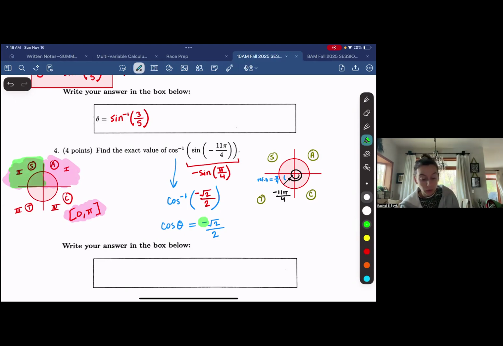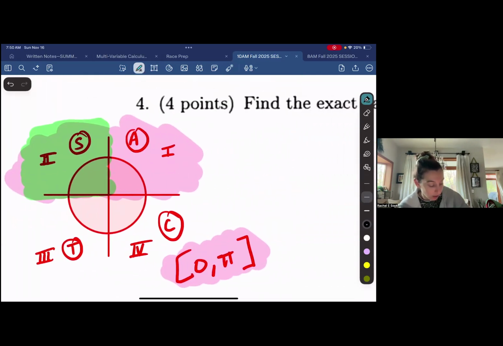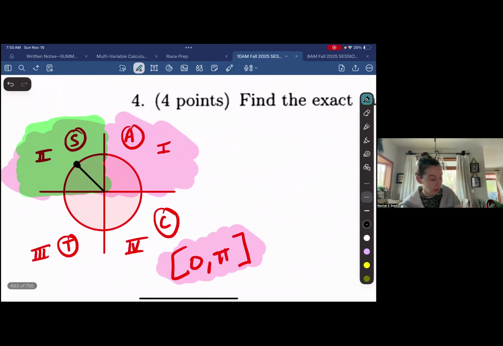Now, what is our reference angle to get that square root of 2 over 2? Well, it's good old pi over 4. So now we are going to put in our reference angle pi over 4 in that second quadrant. So this is our reference angle, and this is the angle that is our official result.